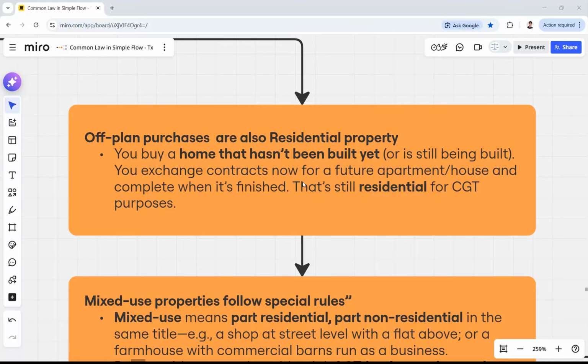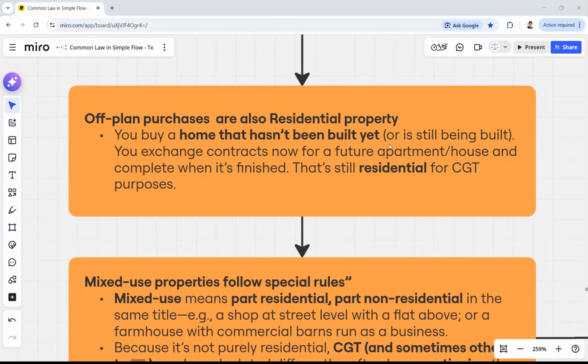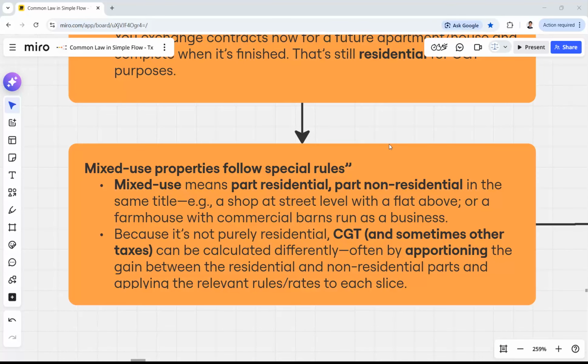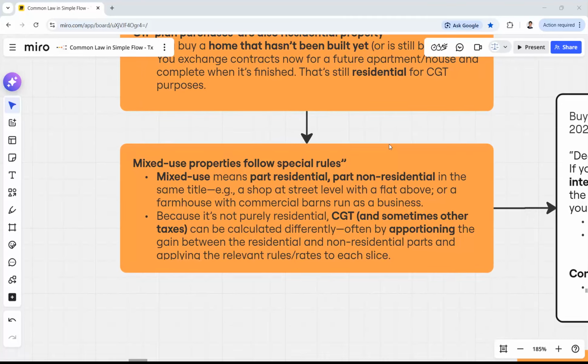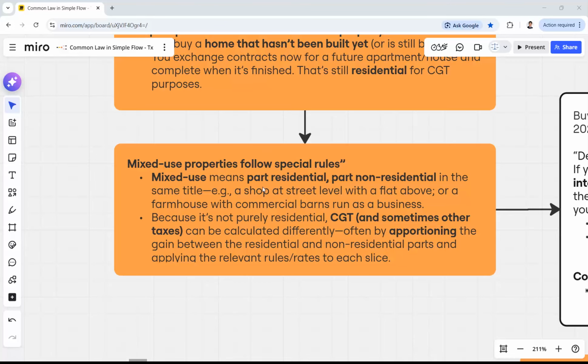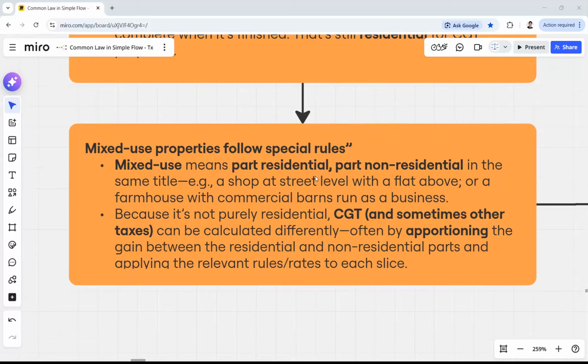You exchange contracts now for a future apartment or house and complete when it's finished. That's still residential for CGT purposes. So even a home that hasn't been built yet or is still in the process of being built, it is also considered a residential property. Mixed-use properties follow special rules.